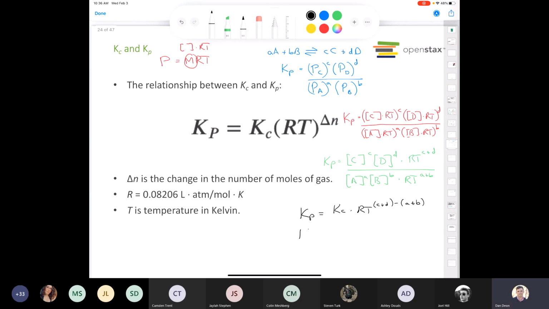So we'll write out that Kp is equal to Kc times RT to the delta n. And again, the delta n is just equal to the final number of moles of gas, subtract the initial number of moles of gas. So that's where you get the expression from.